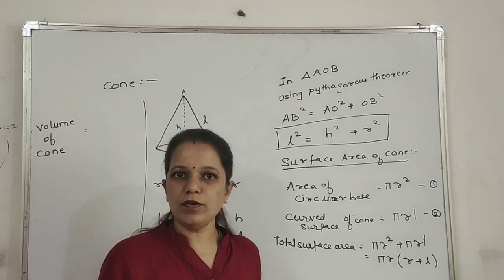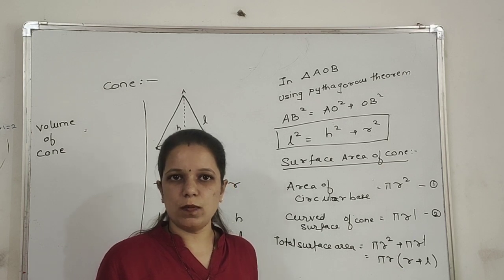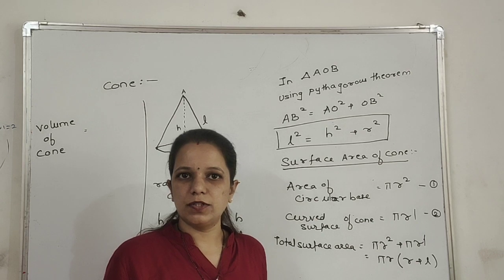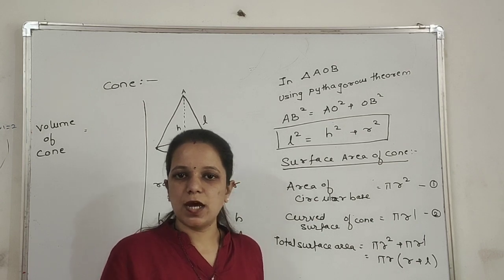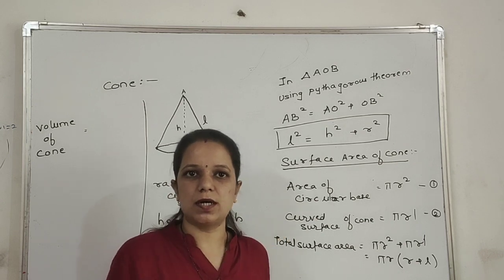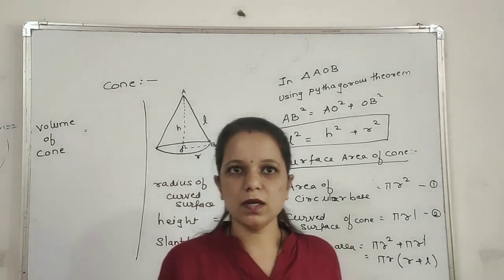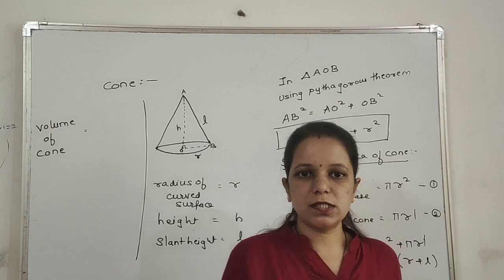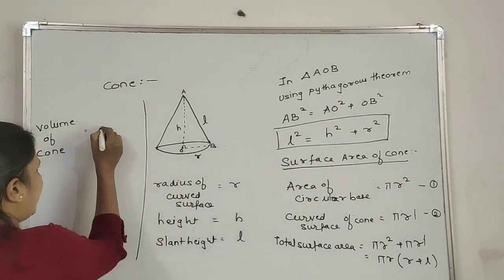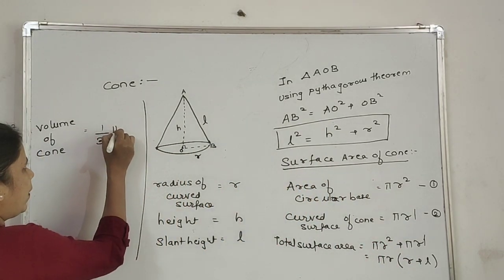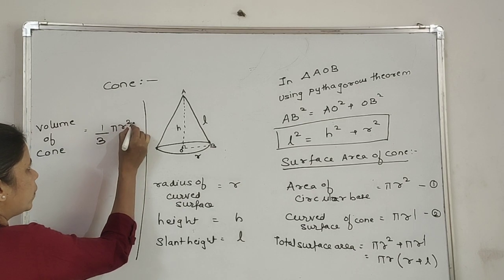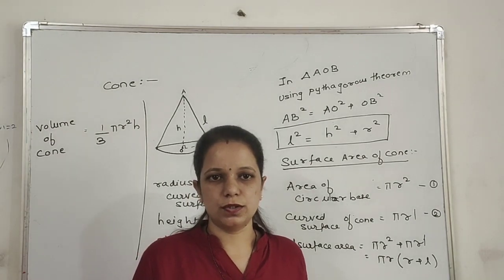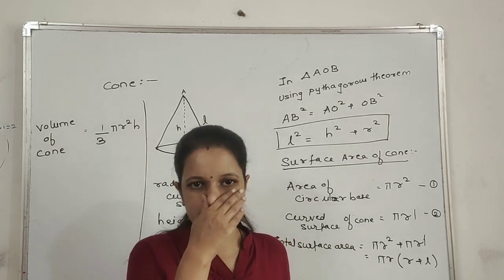So volume of cone is related to volume of cylinder, which is pi r square h, but it will be 1/3 because volume of cone is given by the formula 1/3 pi r square h. This is the volume of cone. Okay, please note down the formulas.